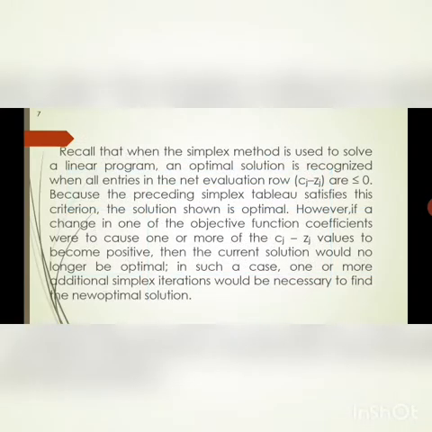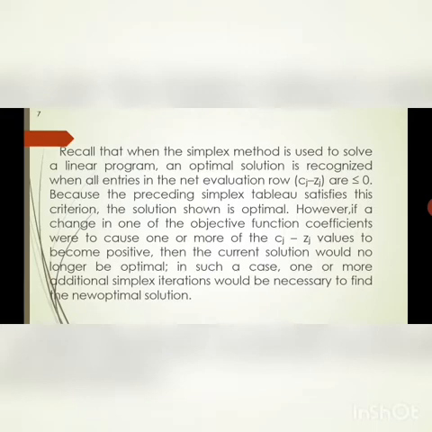Recall that when the simplex method is used to solve a linear program, an optimal solution is recognized when all the entries in the net evaluation row, c sub j less z sub j, are less than or equal to 0. Because the preceding simplex tableau satisfies this criterion, the solution shown is optimal.